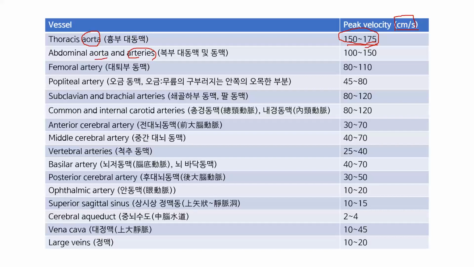Arteries and the aorta speed is very fast. In this artery, the blood velocity is 40 to 70 or so, and in veins the speed is small.